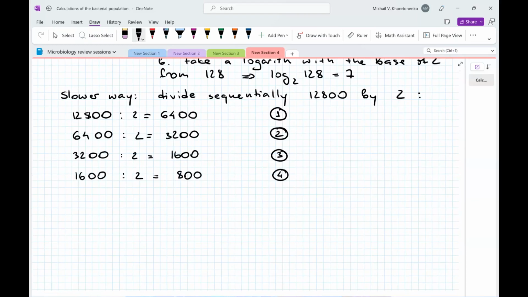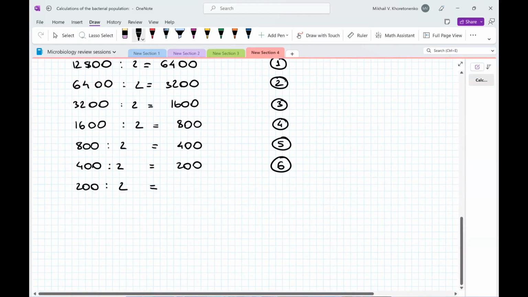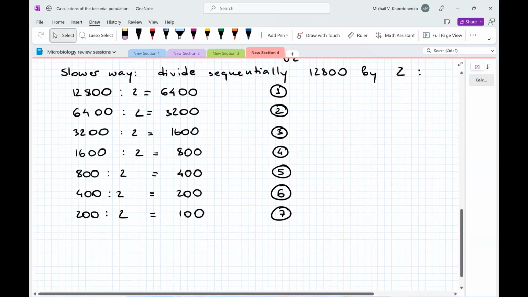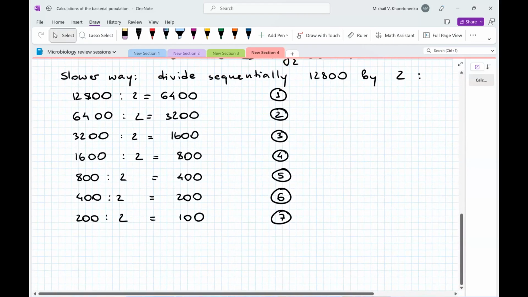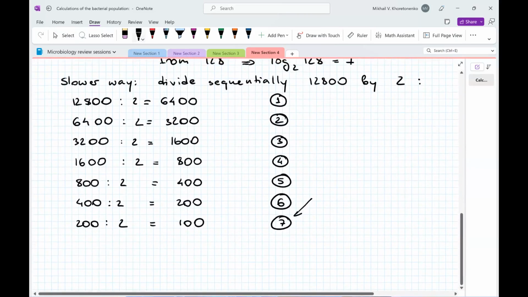Step 4. 800 divided by 2, you get 400. Step 5. You divide 400 by 2 and get 200. Step 6. 200 divided by 2 gives you 100. This is step 7. So basically, you go by division, you go backwards in terms of the generations, until we get back to the start cell number.